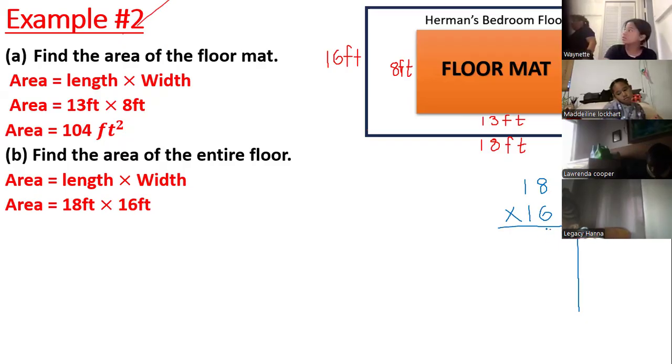We put the 8 down and bring the 4 on top. What is 6 times 1? 6. Plus 4? 10. It's going to be 108. What do we do now?